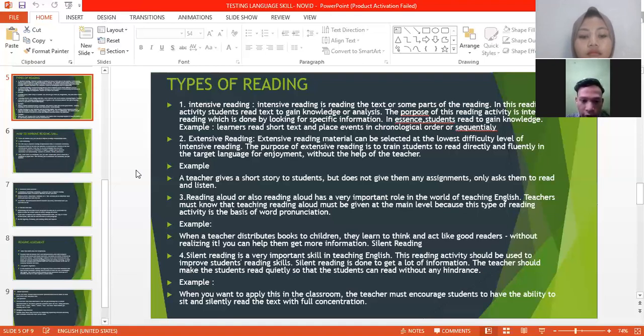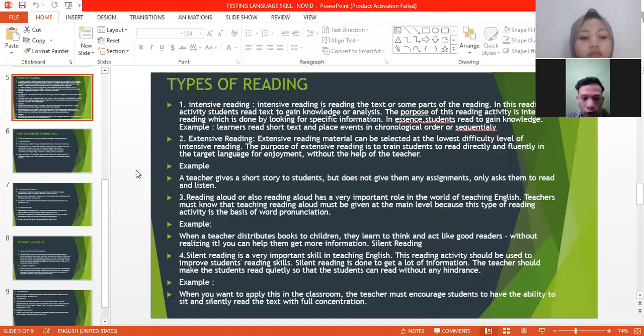And second, extensive reading. Extensive reading material can be selected at the lowest difficulty level of intensive reading. The purpose of extensive reading is to train students to read directly and fluently in the target language for enjoyment without the help of the teacher.